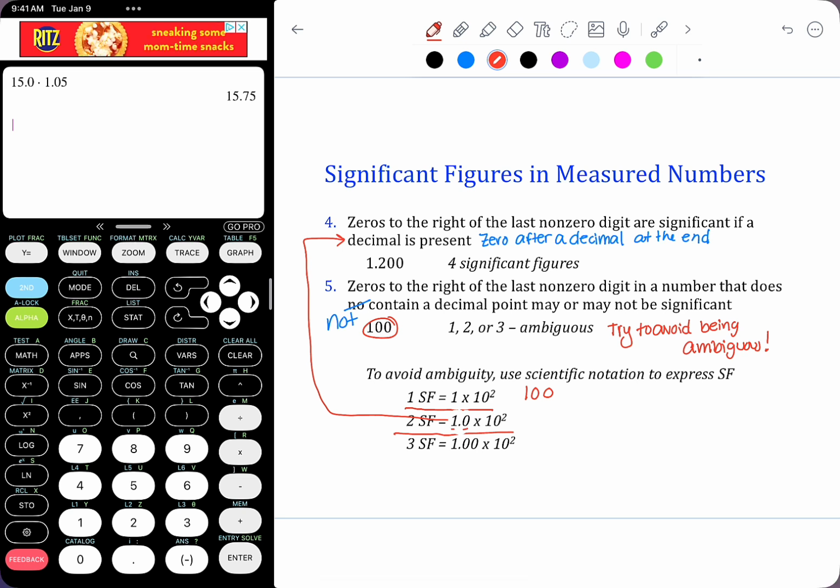The same goes for if we wanted to express 100 with 3 significant digits. I would write it as 1.00 times 10 to the 2. Again, these are all different versions of 100, just written in scientific notation, showing our different numbers of significant figures that avoid ambiguity, because that's our goal, is to avoid guideline number 5, and it leads us back to guideline number 4.